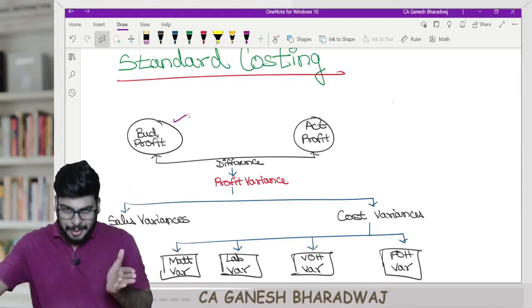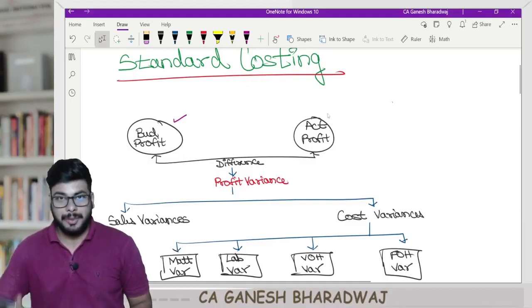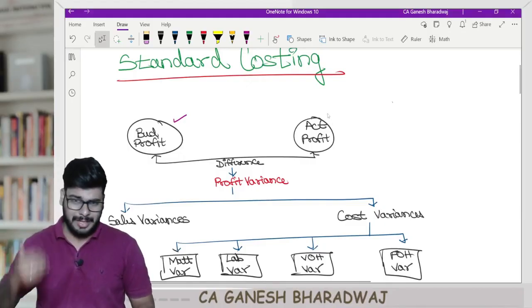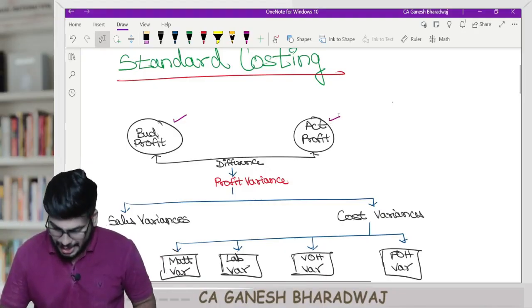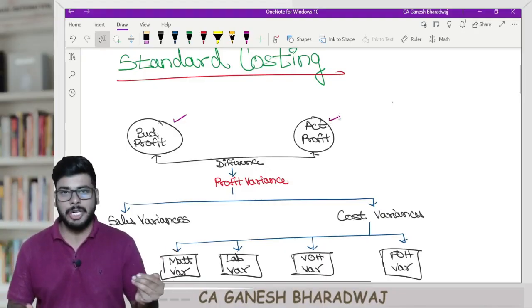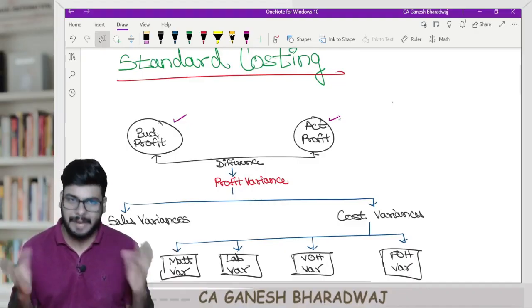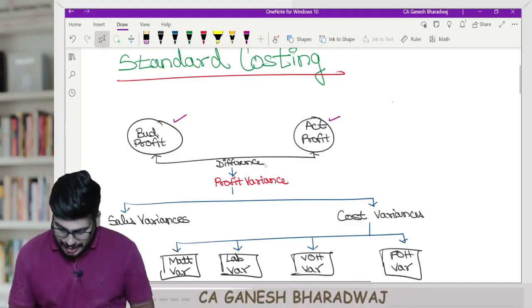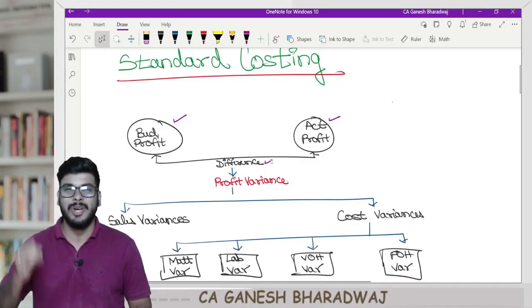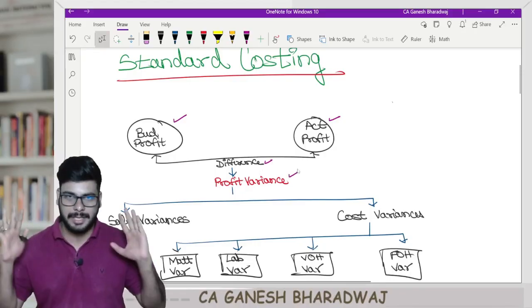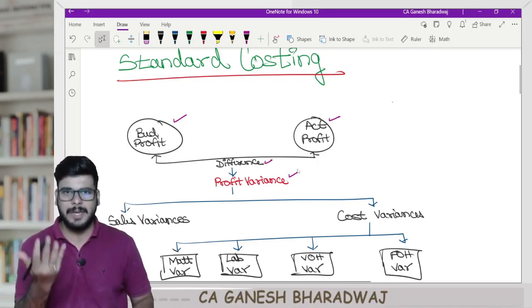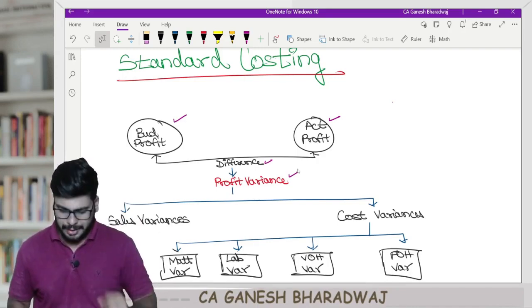After the end of the period, the company takes into account the actual sales minus actual cost and all these things, and arrives at the actual profit. The budgeted profit and the actual profit will definitely not be the same. There will be a difference between the two, and this difference is called profit variance. Are you clear with this?